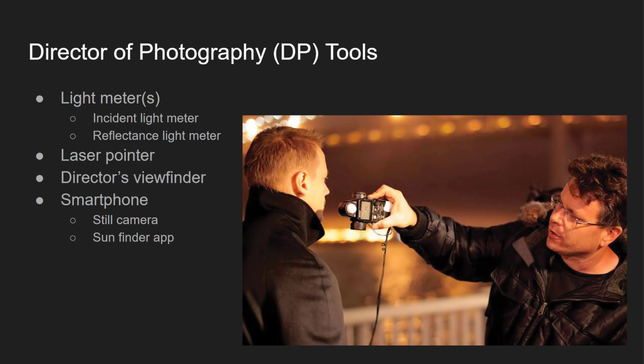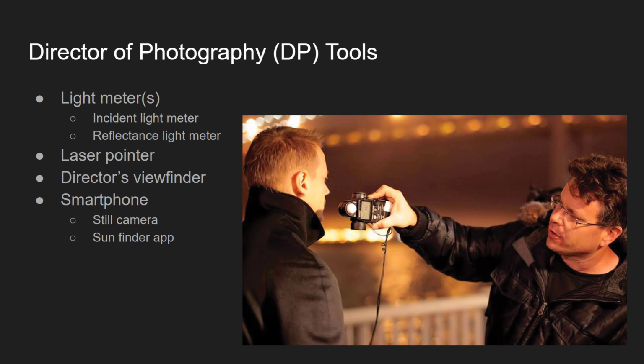A director's viewfinder can help the director of photography visualize what a scene is going to look like through a particular shot size or camera angle, and with a certain lens as well, before a change is actually made to the cinema camera. And lastly, a smartphone.